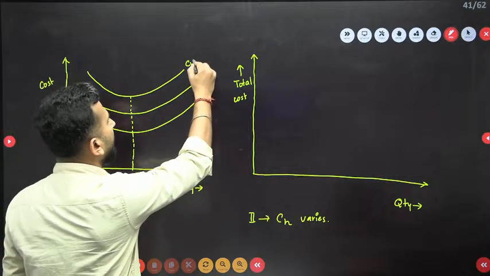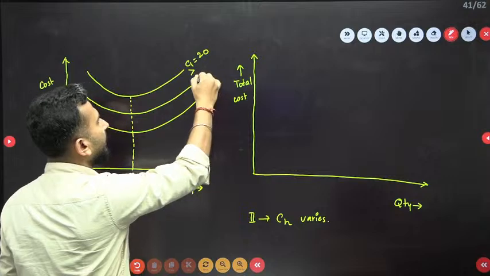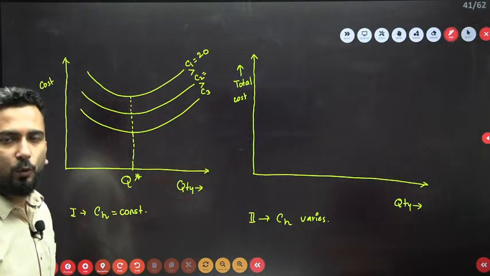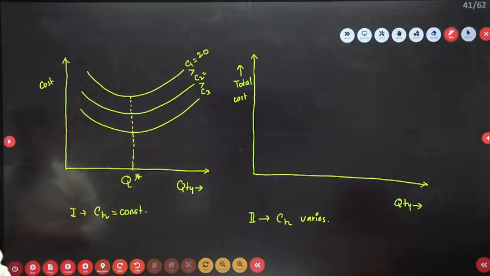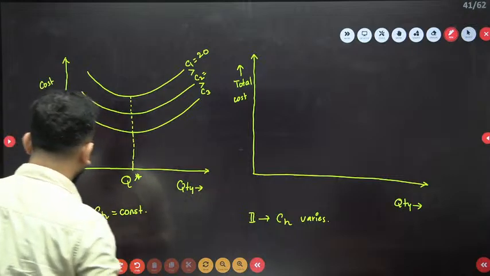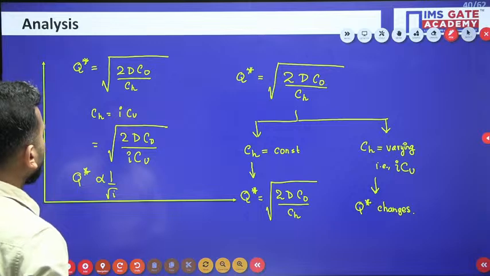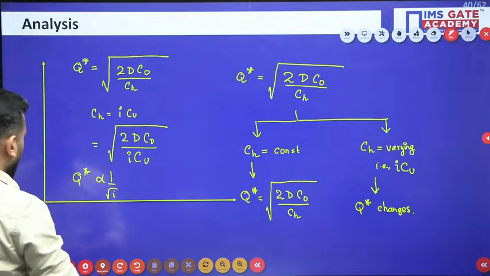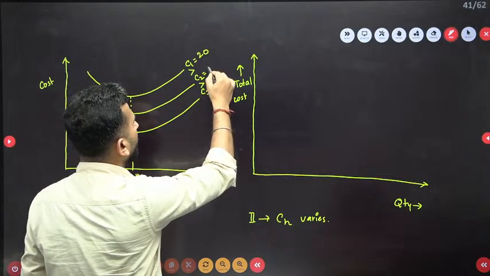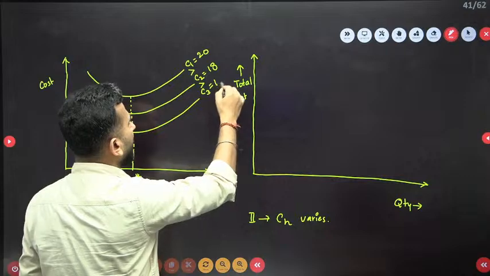So for example, C1 is rupees 20. Suppose this is the 20 rupees, and if I give some discount it becomes 18 rupees, again I give some discount and it becomes 16 rupees.